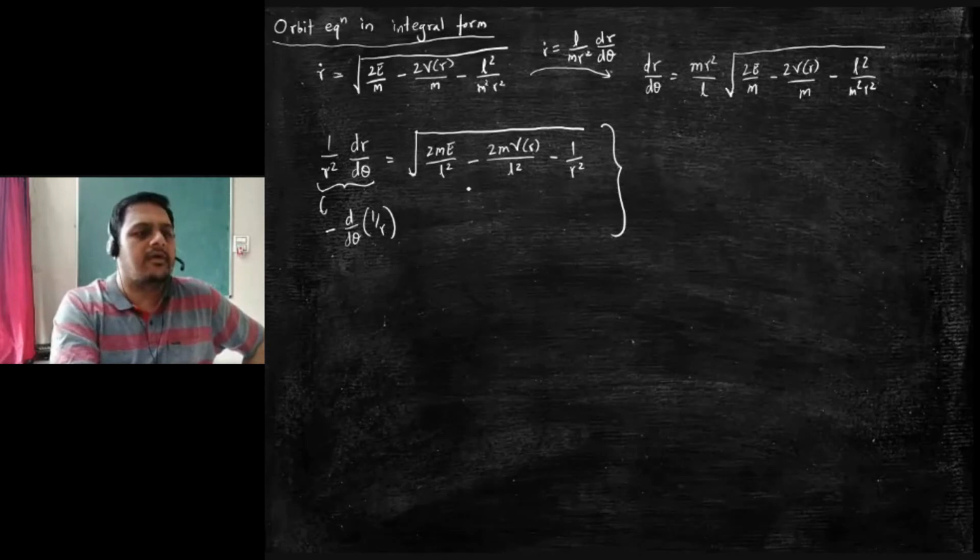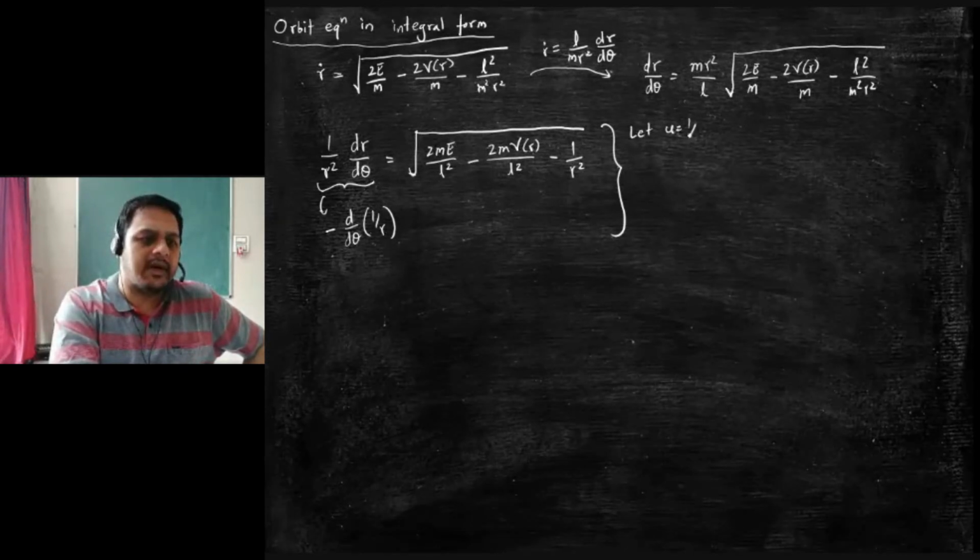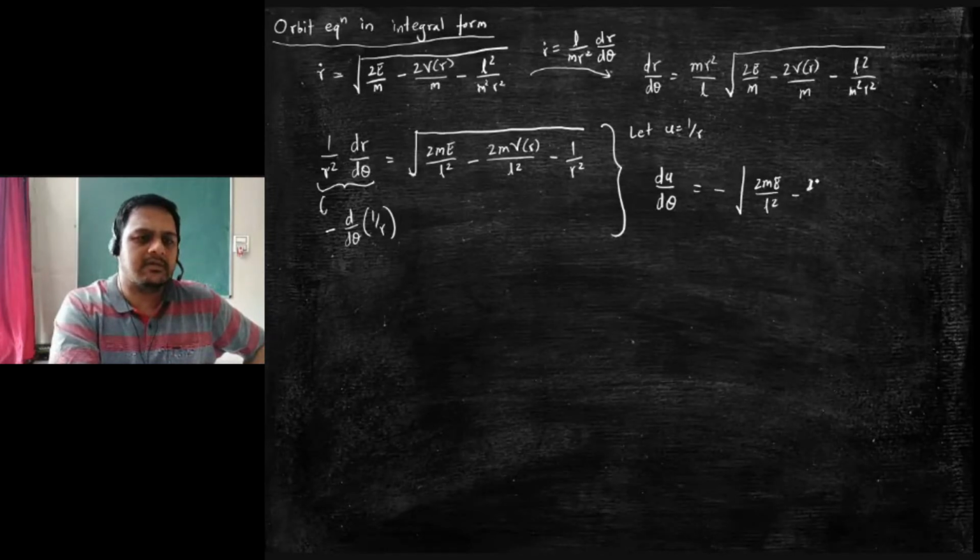Now, again, if you substitute u as 1 by r, then basically you get du by d theta is equal to minus square root of 2m e by L square minus 2m v by L square minus u square.